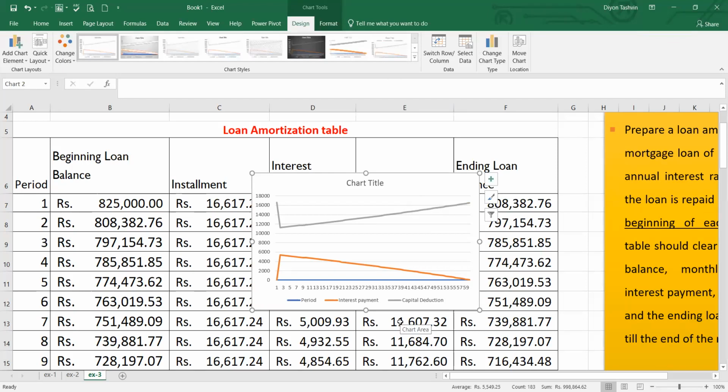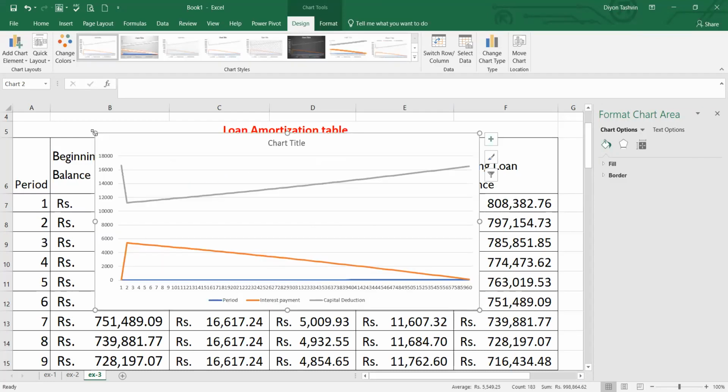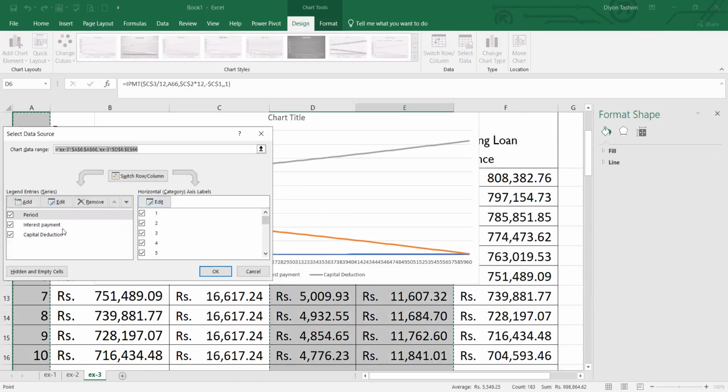So in this chart, here I'm going to remove the period. So you can see now I have just the interest payment and capital deduction.